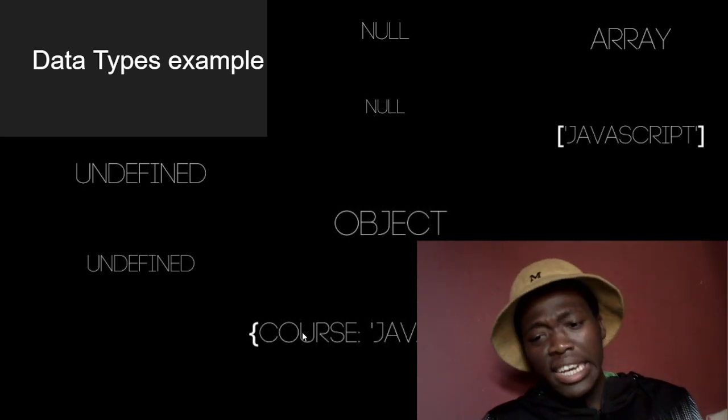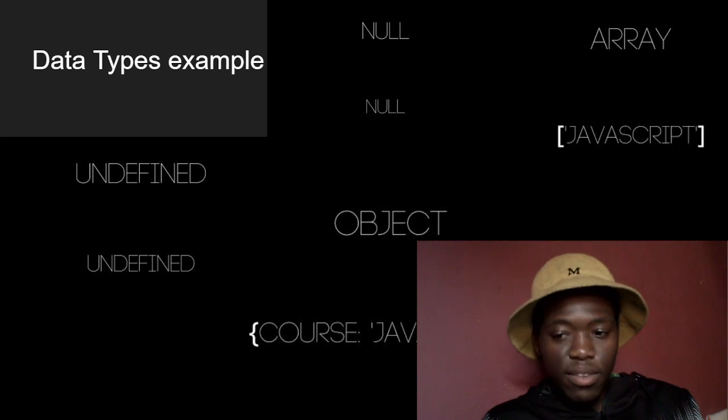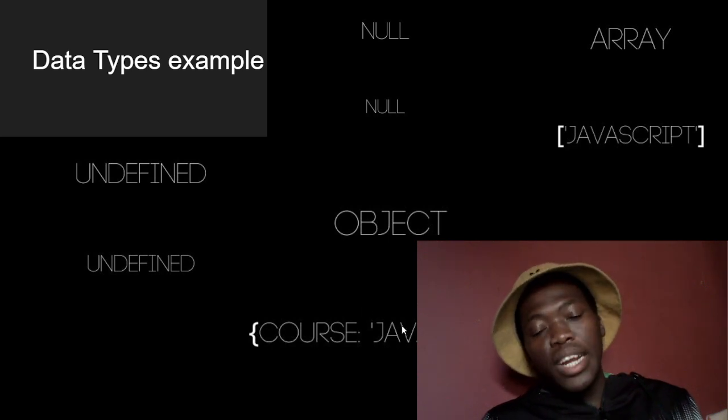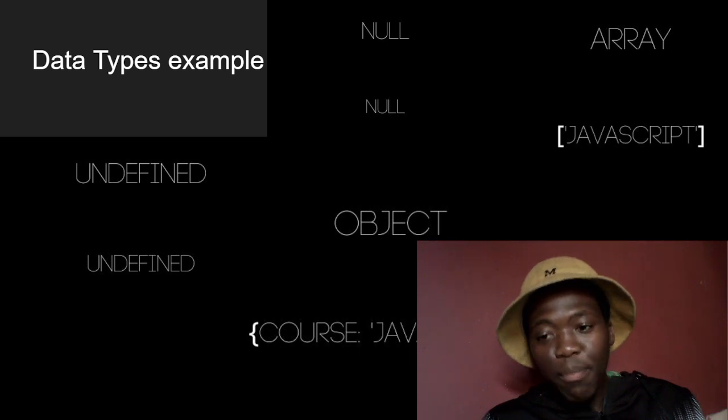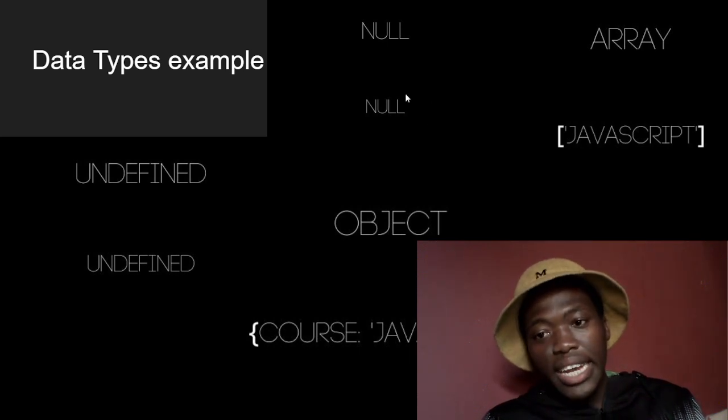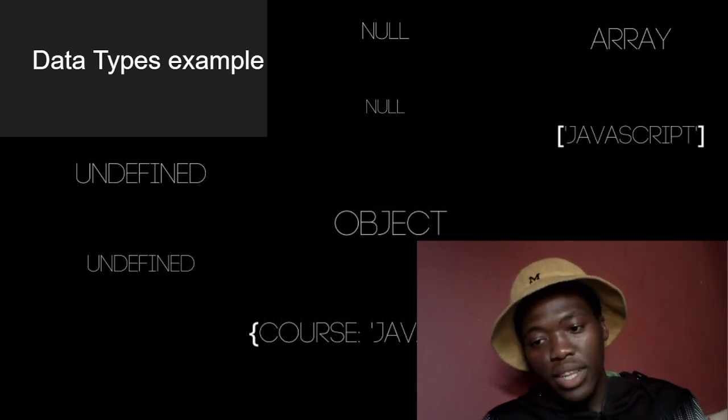So as you can see, this is called the key, and this is called the value. The trick here is that the value can be anything depending on the previous data types that we had, either null, undefined, or a number or a string. In this case I've used strings. So as you can see, this is an object.